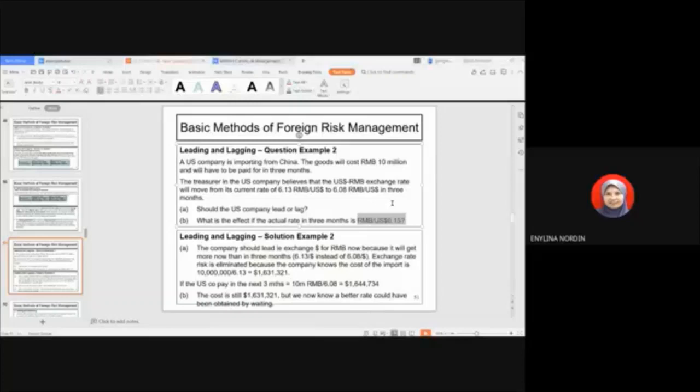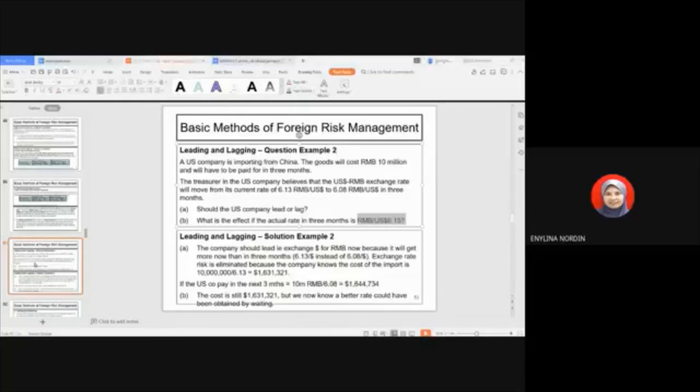But here it has already adopted leading, so the US company is at a loss. That's why we say leading and lagging is very risky, especially when the prediction of the exchange rate is not correct.